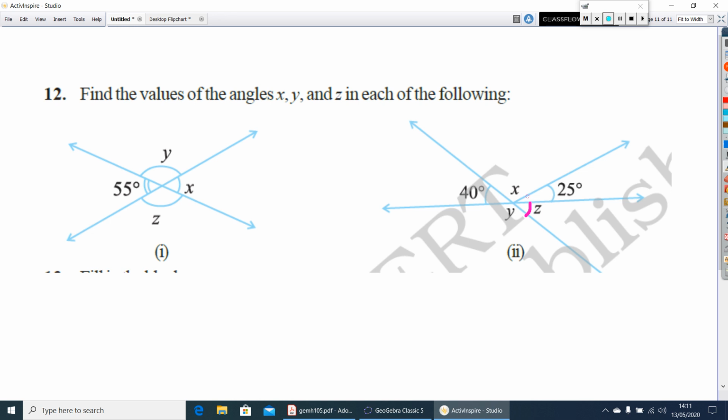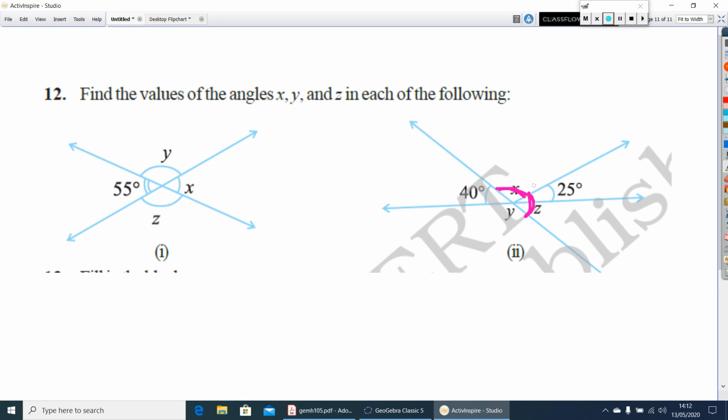Now z plus 25 plus x, these three angles you can get as 180 degrees. So this is 40 degrees, this is 25 degrees.